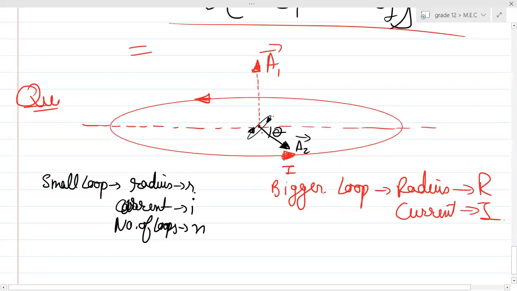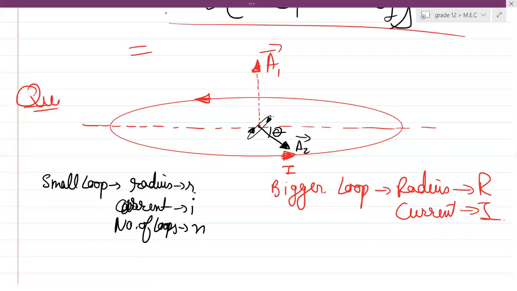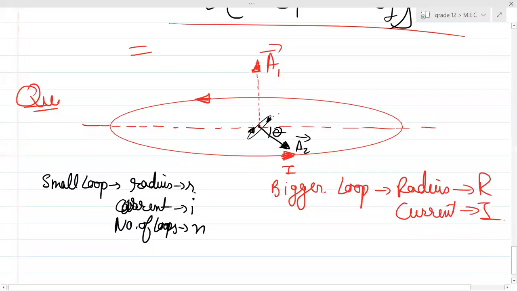So bigger loop, radius capital R, current I, and there is a smaller loop carrying a current small I, having n turns, is placed. Can you see the center is the same? But can you see the axis of this smaller loop is making an angle of theta with the axis of the bigger loop?